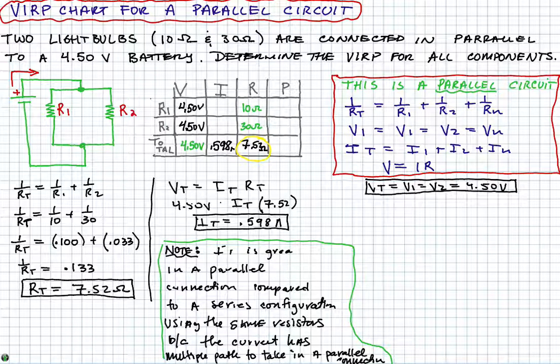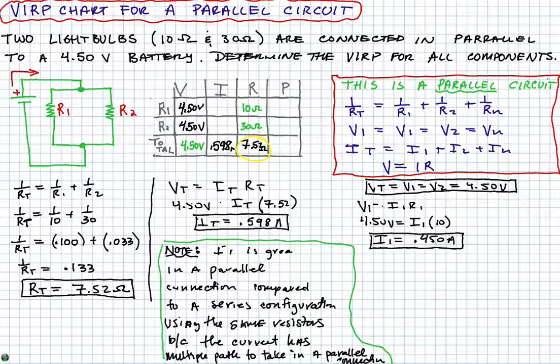So now, since I have the voltages and I have the resistors, I can now calculate the currents using Ohm's law. V1 is equal to I1R1, V1 4.50 volts, I1 times 10. So I1 is equal to 4.5 divided by 10, or 0.450 amps. And I do the same thing with V2.